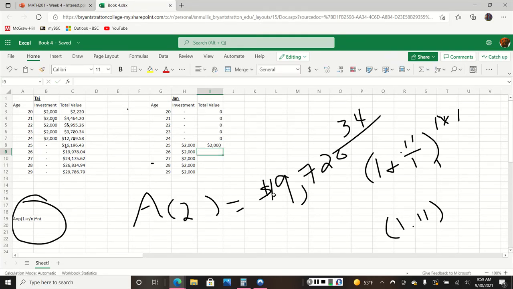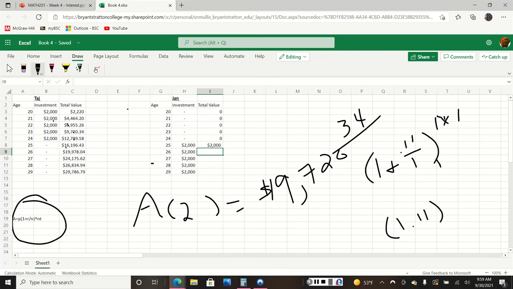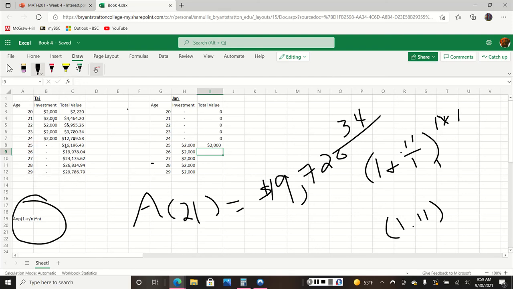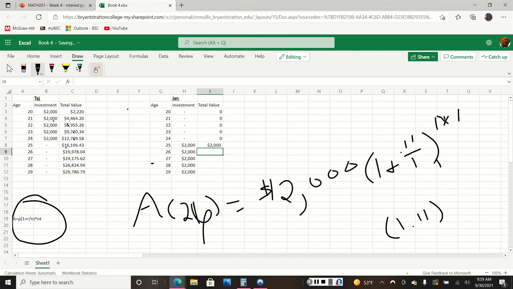So moving into age 26 for Jan, we need to delete these numbers right here, but we're going to keep the 1.11. We have 2,000 because that's the initial total value.